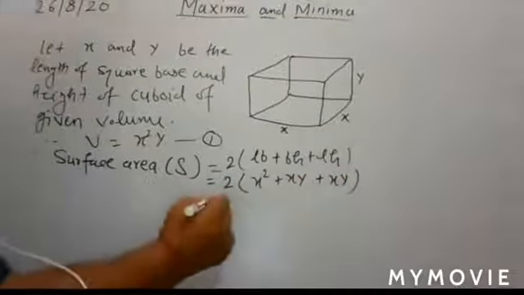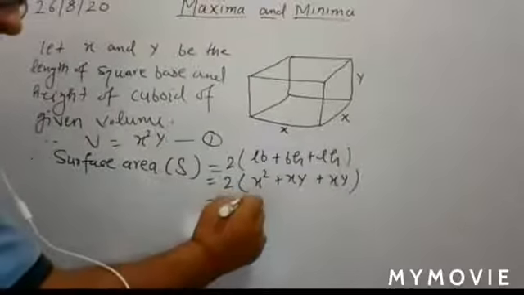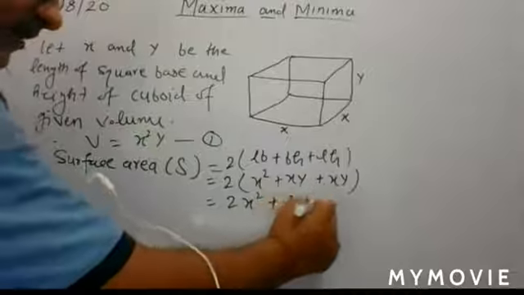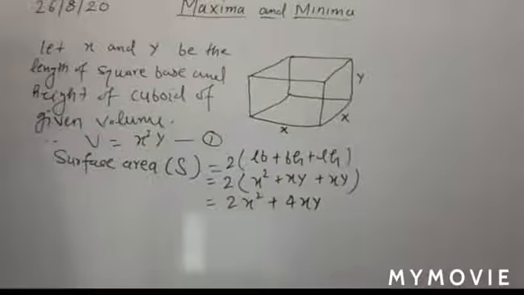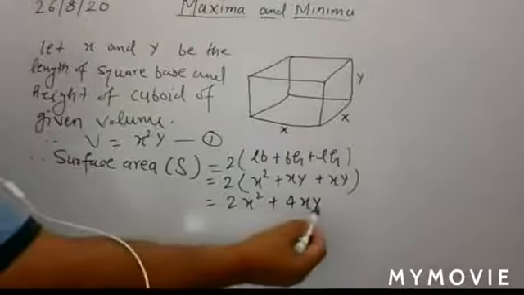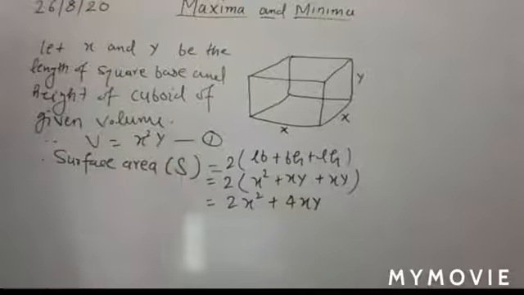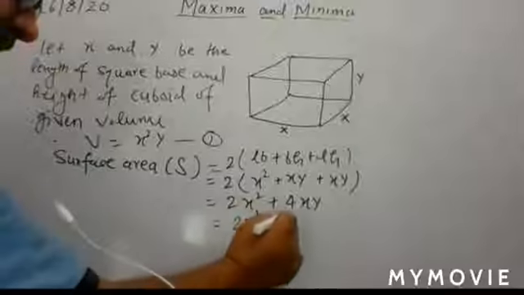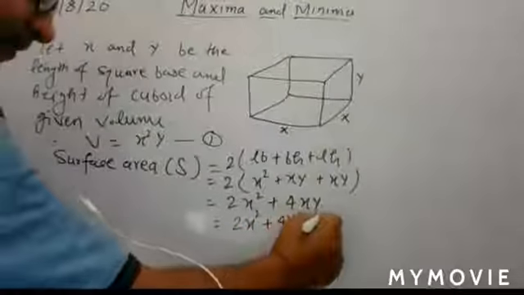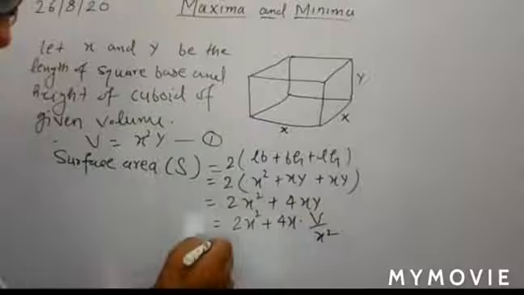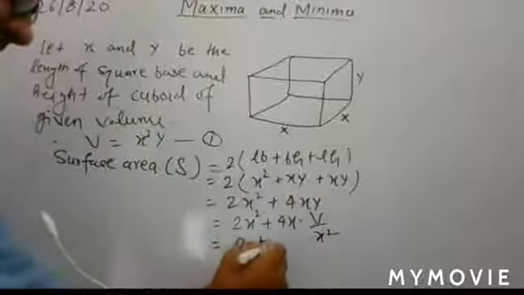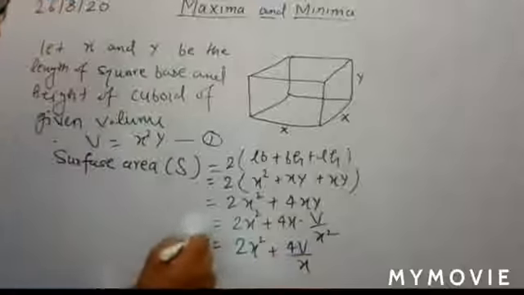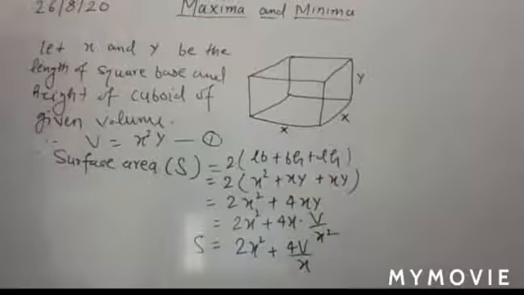So overall you have 2x square plus 4xy. Now you eliminate this y with the help of the first equation. So you have 2x square plus 4x into V by x square, or 2x square plus 4V by x. That gives the value of its surface area.